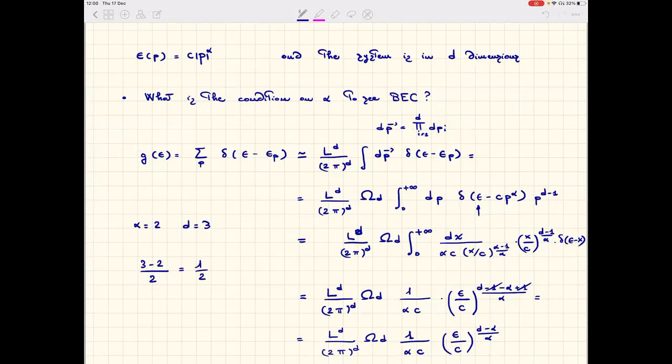It's exactly what we got last time. If alpha is equal to 2 and D is equal to 2, then you get a constant, which is exactly what we got last time. So it seems to be correct. Okay? You agree with this expression?